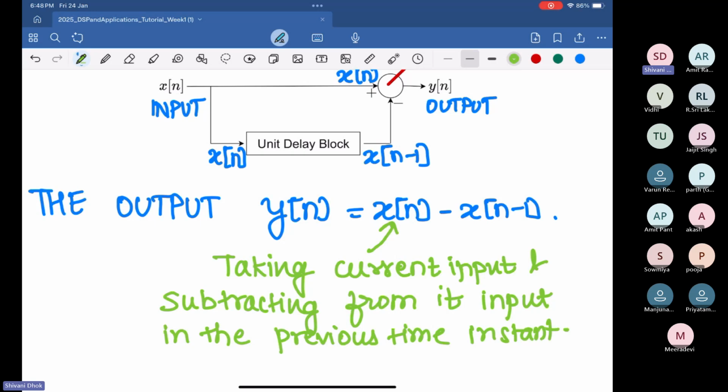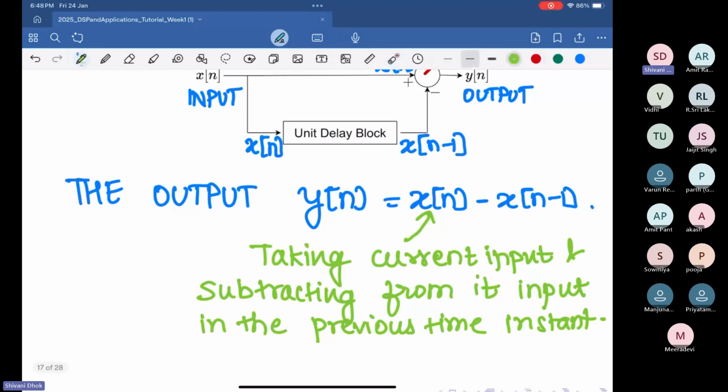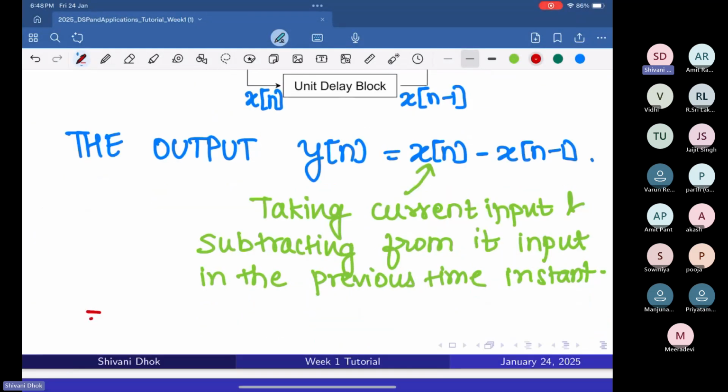So it is finding the difference between the current input and the immediate past input. Such a kind of system for a discrete time system is known as the differentiator. Such a system is known as the differentiator system.